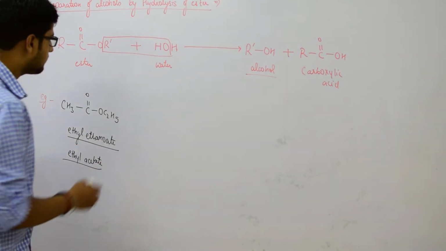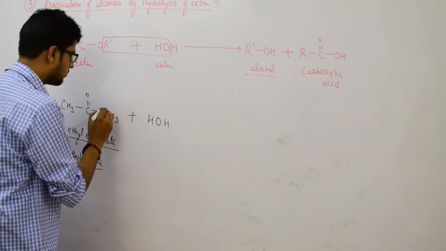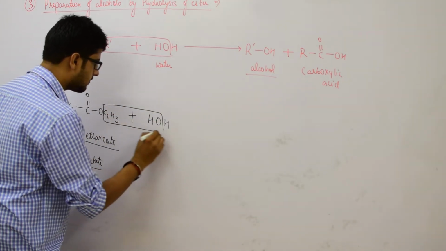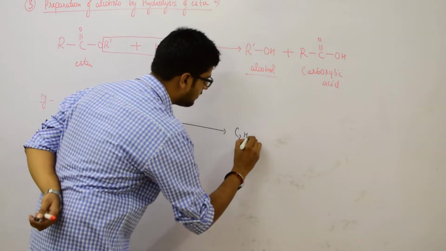When hydrolyzed with water, HOH, this C2H5 combines with OH to form C2H5OH.